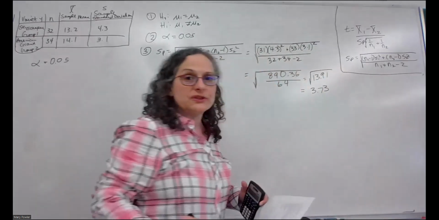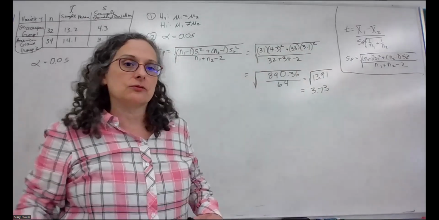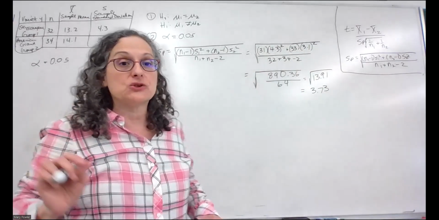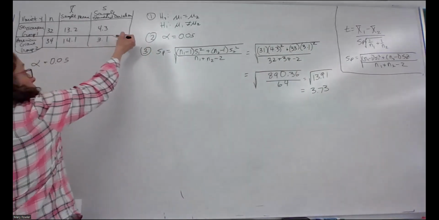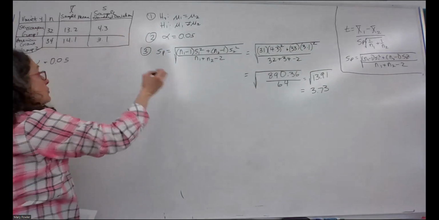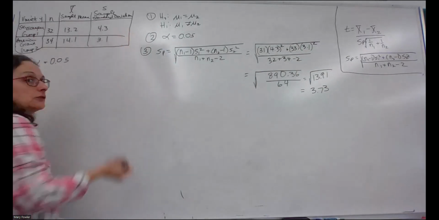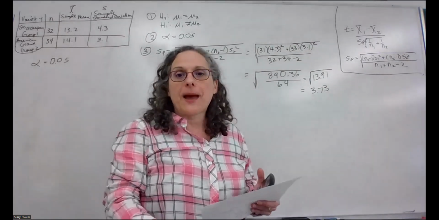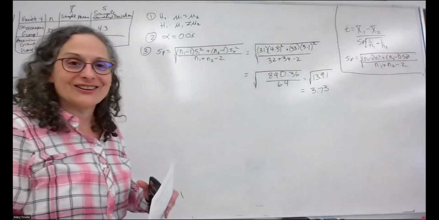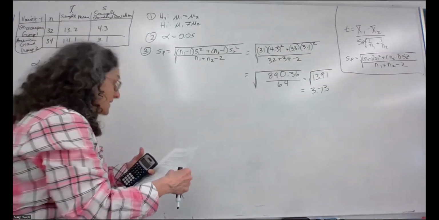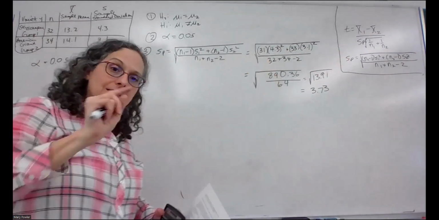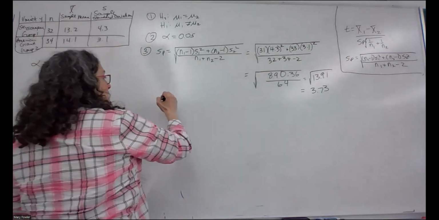And the pooled standard deviation is 3.73. So a pooled standard deviation must always be between the two standard deviations. So 3.7 is between 4.3 and 3.1. So that check, we passed that check and I've checked the calculations. So I know that that one is right. Okay, so now I'm going to calculate the T statistic using that pooled standard deviation SP.